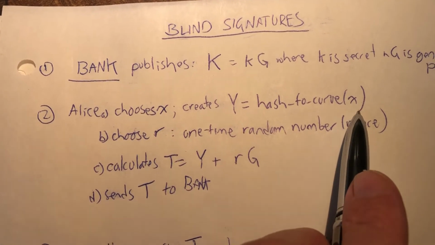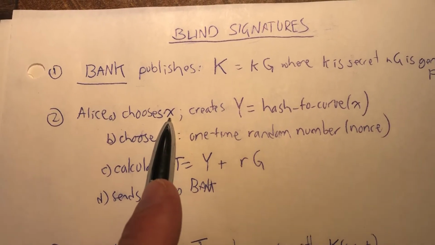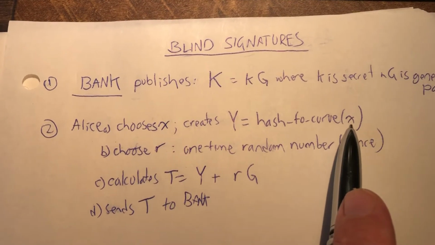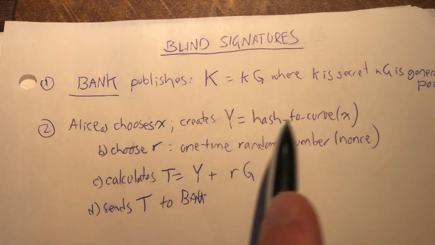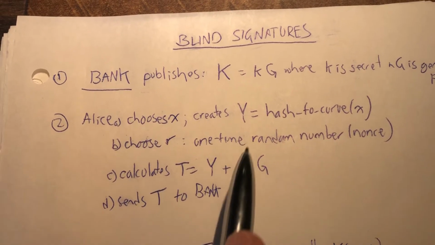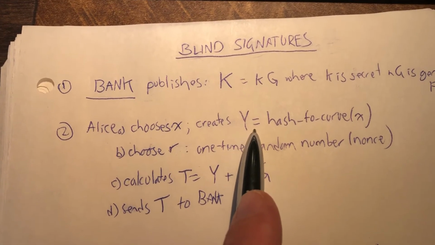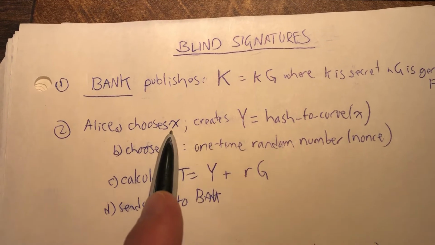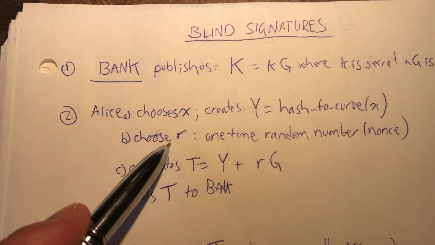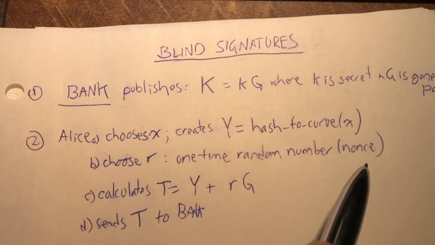There's a function that takes whatever the arbitrary value is, typically a SHA-256 digest, and an algorithm will come up with a corresponding curve point, which is denoted by the capital Y. So this is a point that can only be generated if you know what x is. The next thing she does is choose r, a random number which is used once, and that's called a nonce.